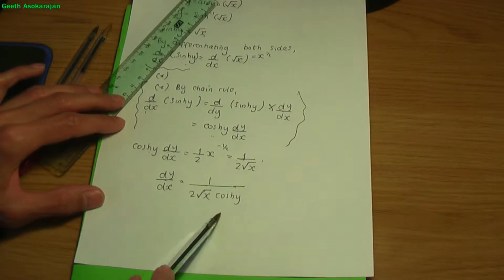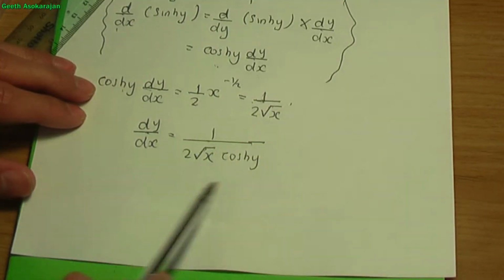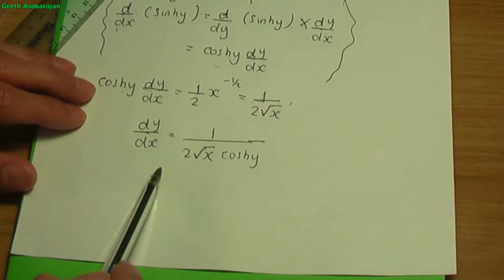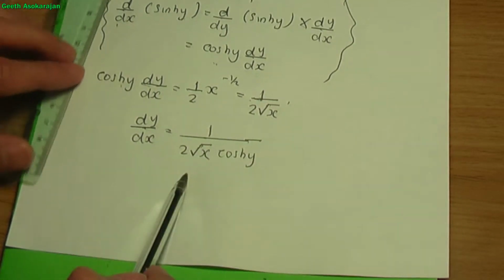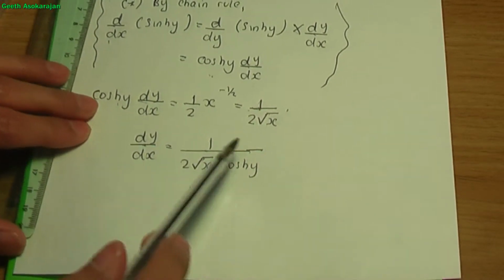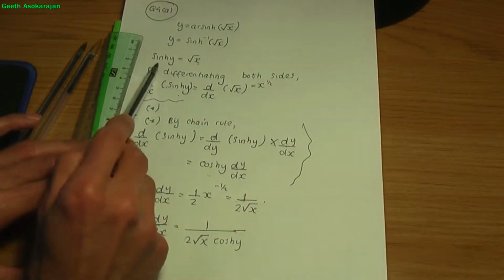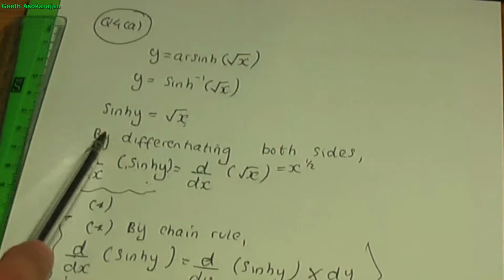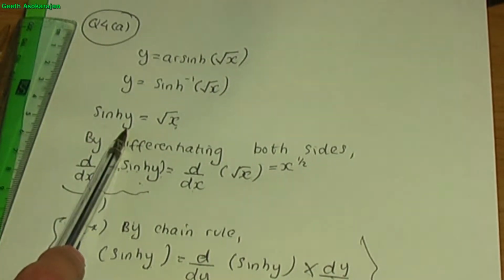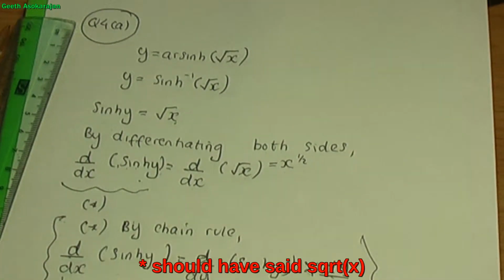Now, we can write this answer for dy over dx in terms of x. In order to write it in terms of x, if it's possible to rewrite hyperbolic cos y as a hyperbolic sine y term, then we can replace all of the hyperbolic sine y terms by x.